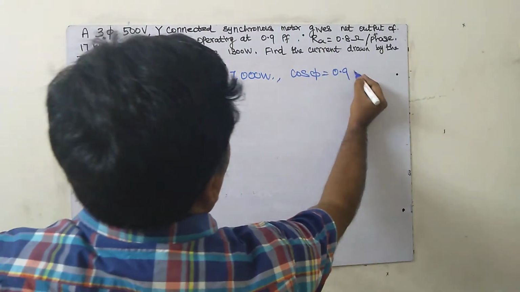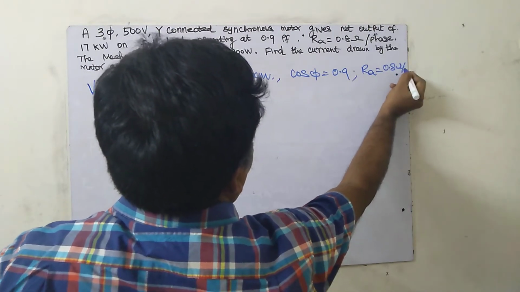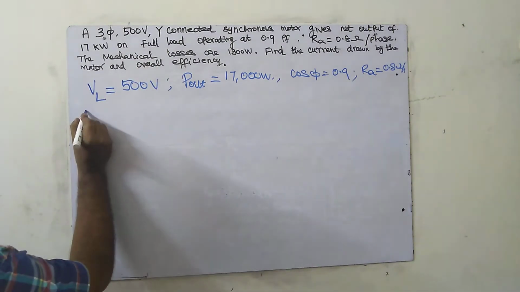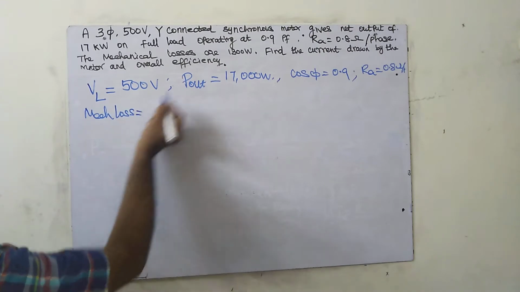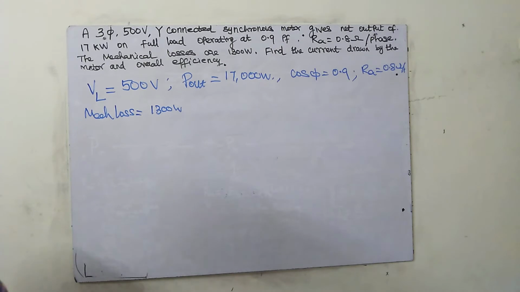The armature resistance is given as 0.8 ohms per phase, that is, one winding resistance is 0.8. The mechanical losses are equal to 1300 watts. Find the current drawn by the motor.